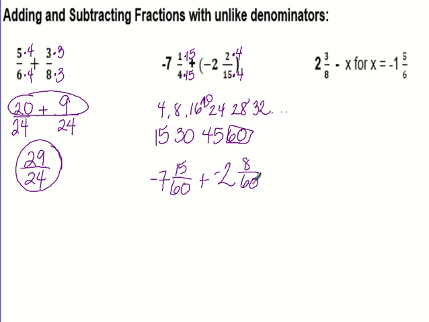Now once we have a common denominator, you can add them as you wish. I know some people like to change them to improper, some people like to just add them. These are both negative, so we can just add them. So 7, 8, 9, and then 15 plus 8, right, would get me 23 over 60, but we need to make sure it stays negative because they are both negative.